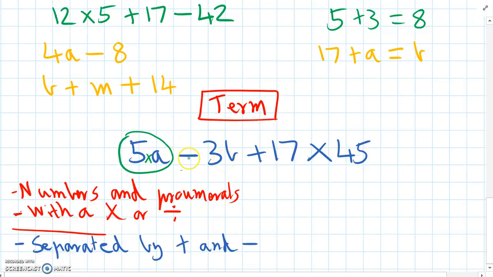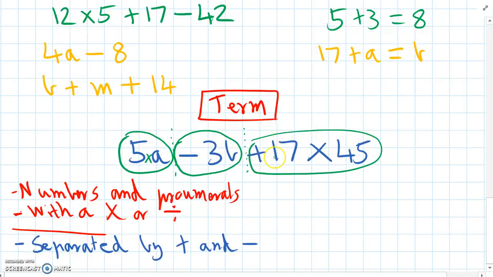So the subtract 3b, that's all one term, because we have a number and a pronumeral again. Here we've got an addition symbol, so that's the gap between the next term. But if we have a multiply symbol, that means all of this is one term. Positive 17 times 45. So in this expression, we have three terms.